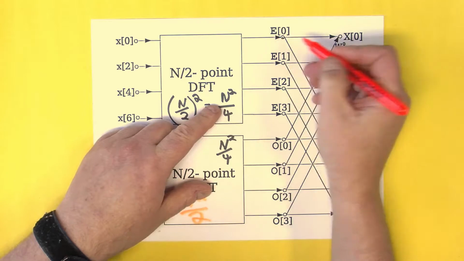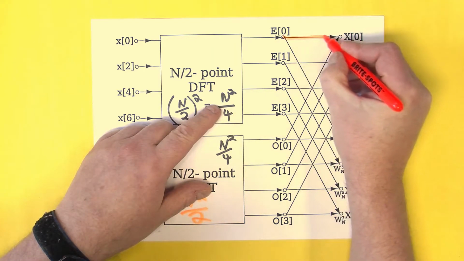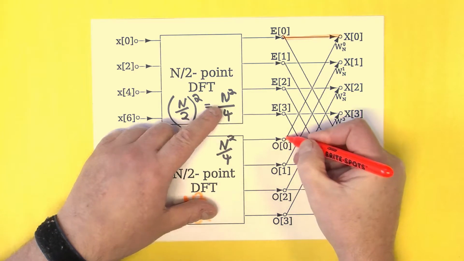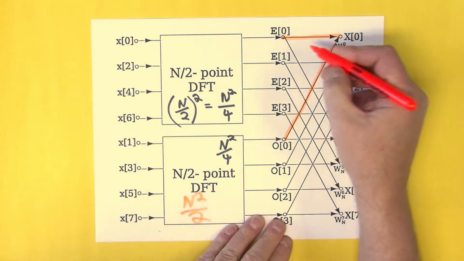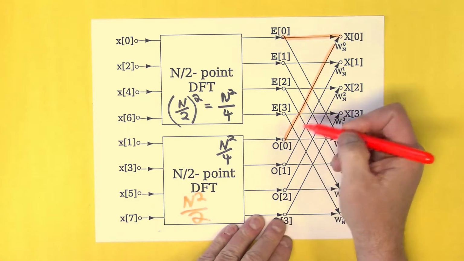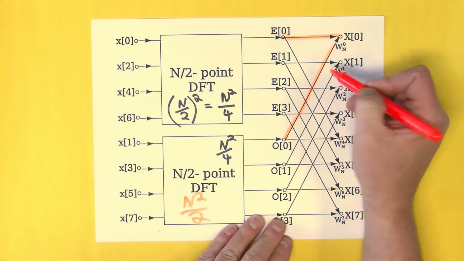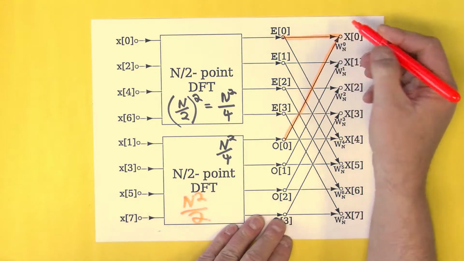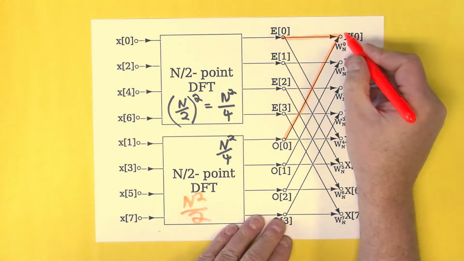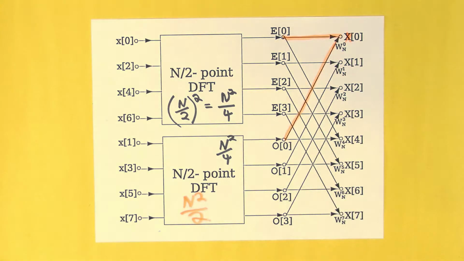As an example, we'll take the output of the first FFT, and we're going to take the output of the second FFT, and it's the first entry in each of the outputs. We'll multiply the second FFT's output by some weighting factor and then add it to the output of the first FFT, and that will give us the output of the combined FFT.